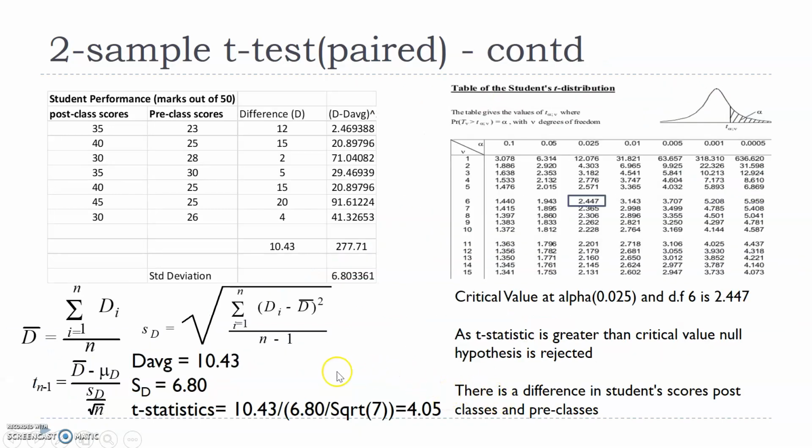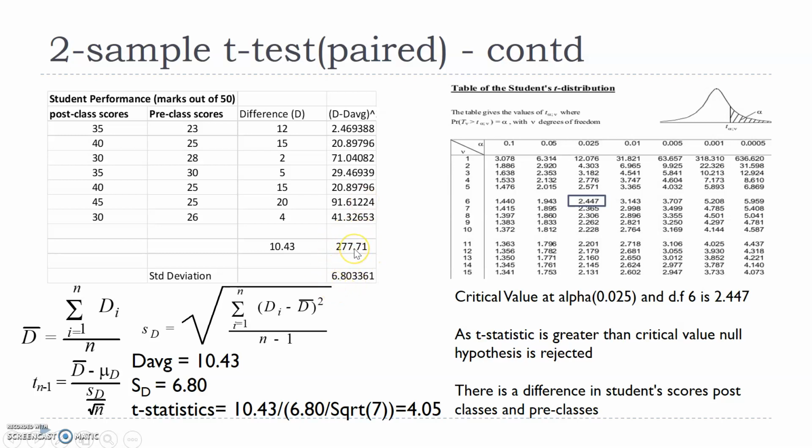Let's get into the calculation part. These are the scores each student has got. So I calculated the difference. I just subtracted 35 minus 23. These are the differences. Then I calculated the square of the difference from the average, so that means 12 minus 10.43, squared. For each student I calculated that. That gave me the sum of squares of differences.